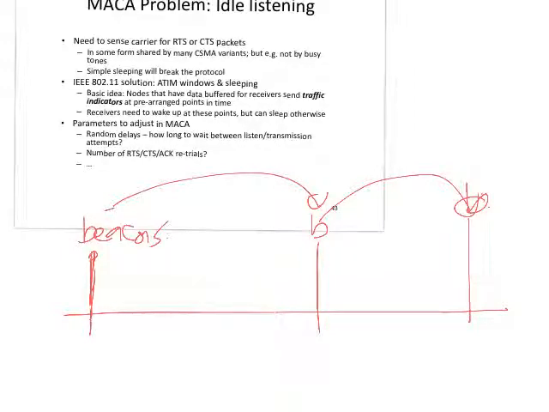So this beacon will have very useful information. I will give you some duration during which I have some data for you. I will give you what we call the traffic indicator map.